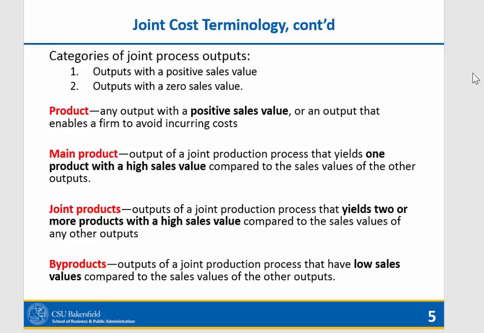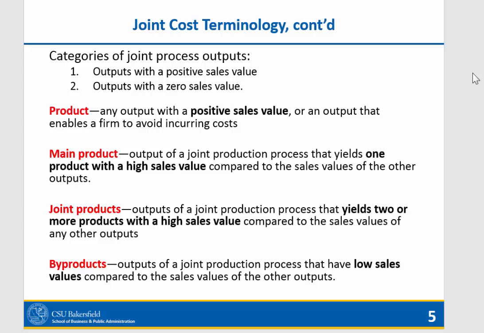After this lecture, I will give you a short example to explain how to deal with the main product and the byproduct. The main product is defined as the process yielding one product with a high sales value compared to the sales values of the other outputs.